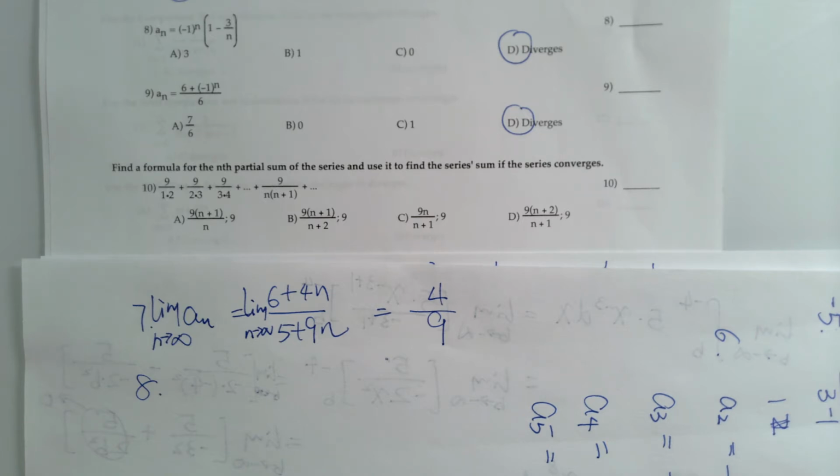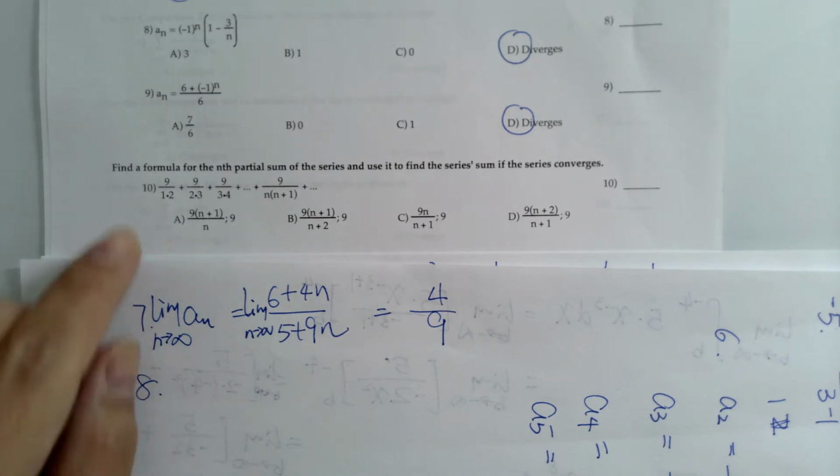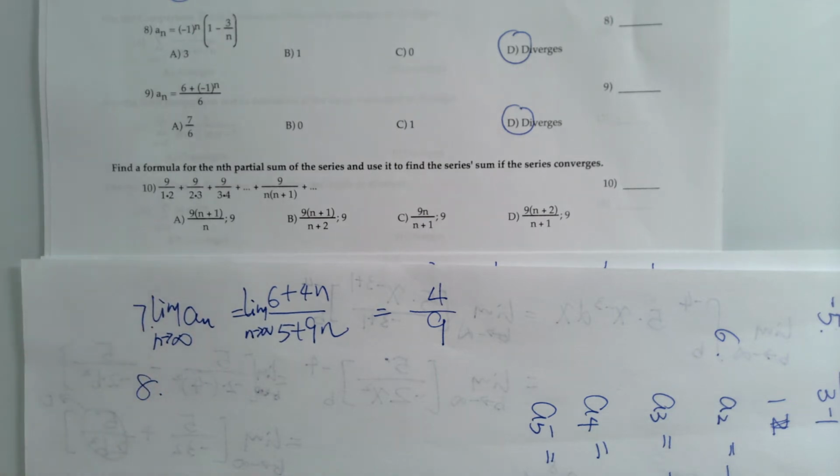a sequence is a list of numbers with order. But a series, or infinite series, is a summation of a given sequence. In other words, a series is the summation of a sequence.